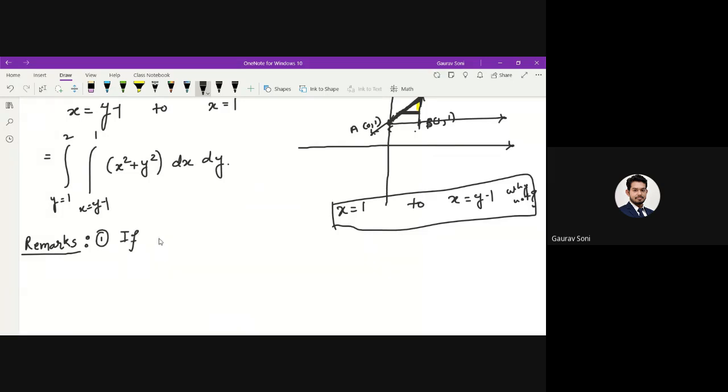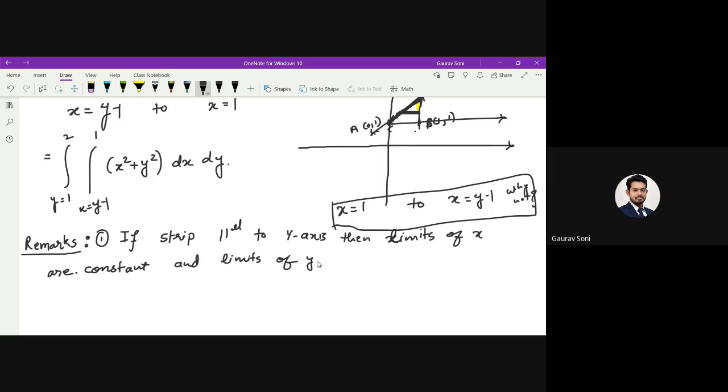If the strip is parallel to y axis, then limits of x are constant and limits of y depend on x.